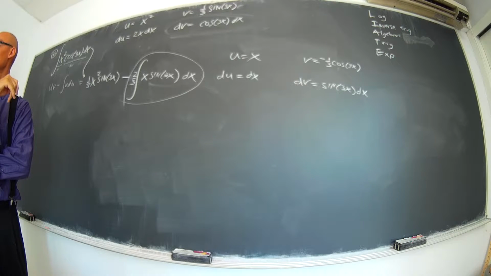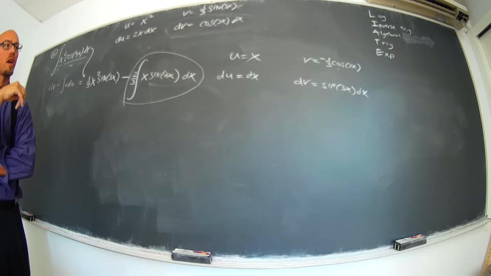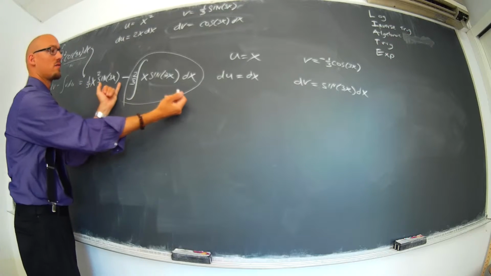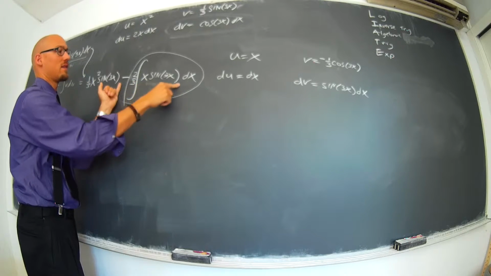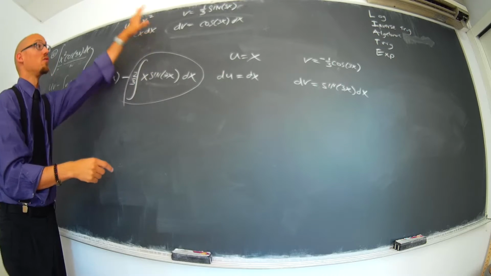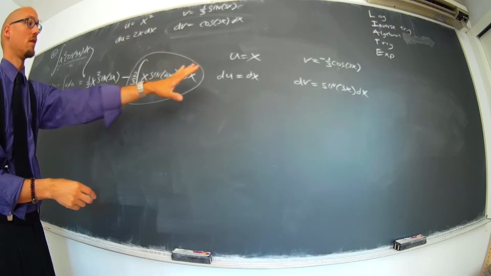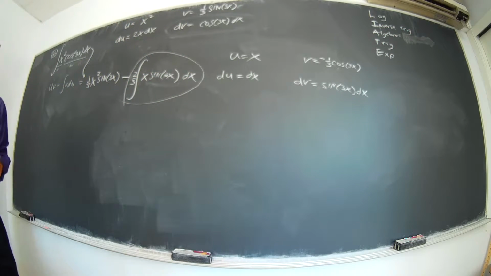The cosine is in the v, times v, not dv. So we're doing another u substitution here. Oh, okay, dv is sine. Got it. We're doing a new one. This is old news. Now we're starting a fresh integration by parts.